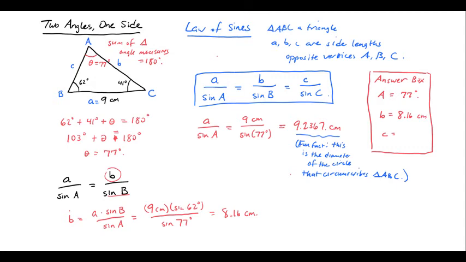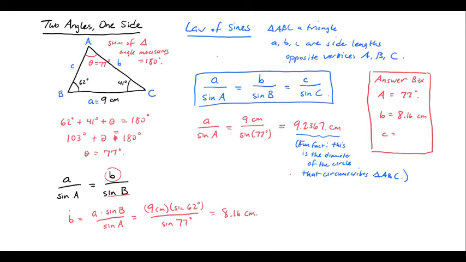Well, I know that I have the sine of angle C. That's this thing, sine of 41 degrees. I know I have A. A is 9 centimeters. Sine of A is sine of 77 degrees. So I have this piece and this piece, which means I can find this fourth piece here.